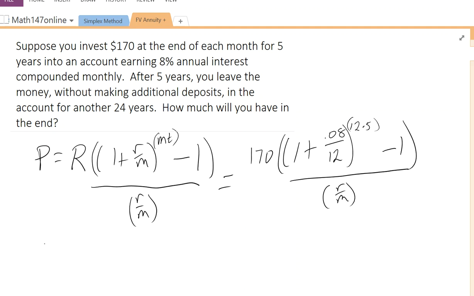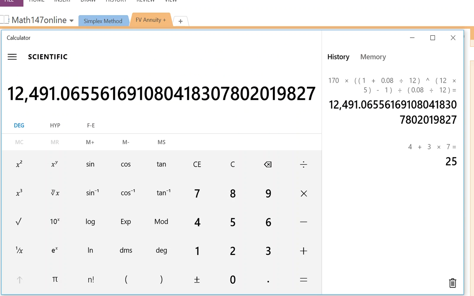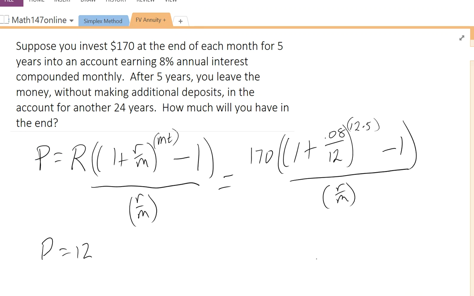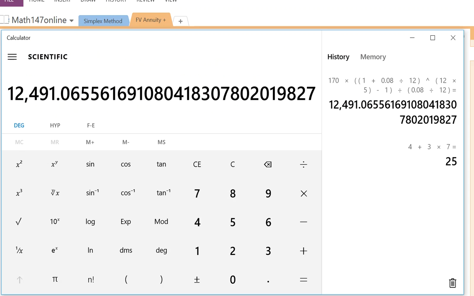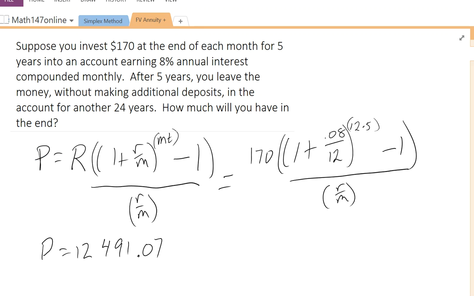So that's 12,491.07. Let me double check to make sure I wrote it down correctly. And yeah, that's how it rounds.